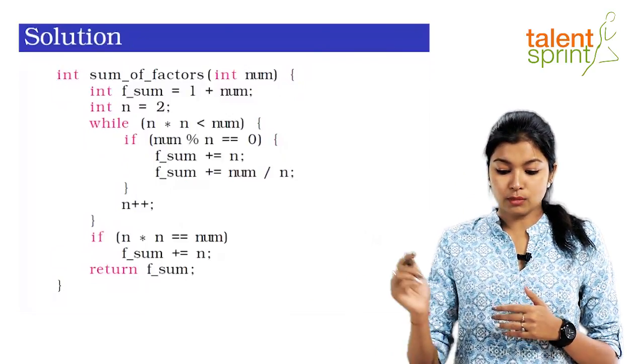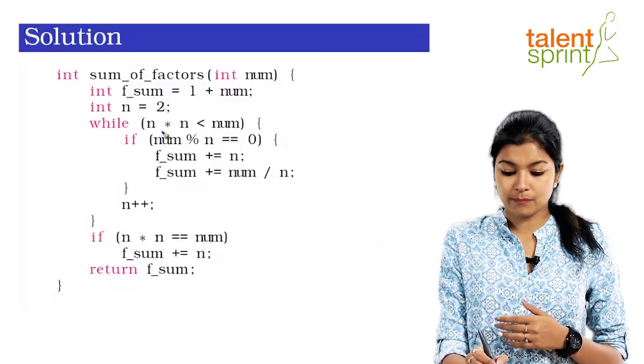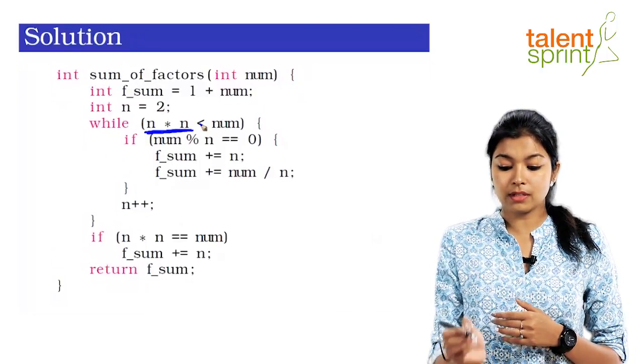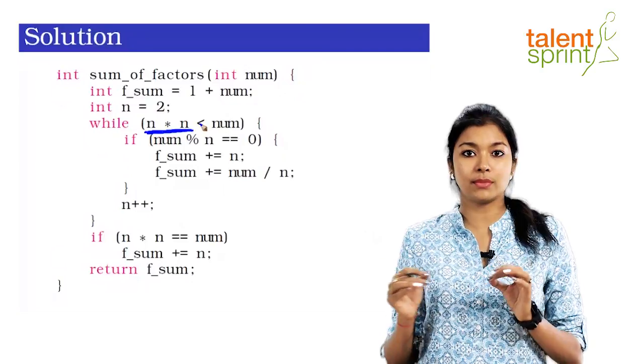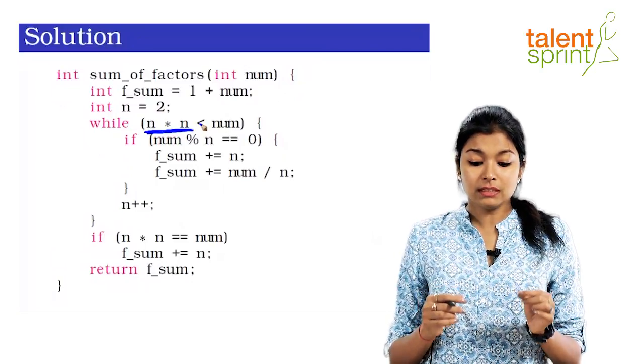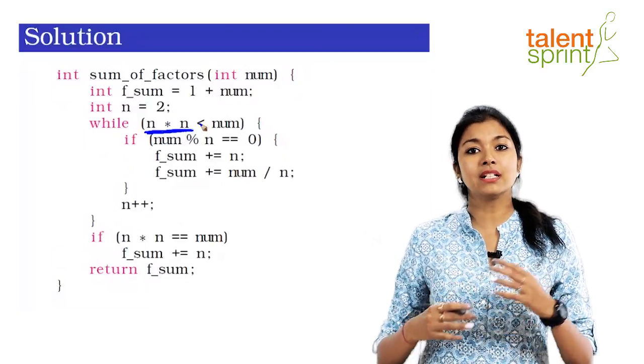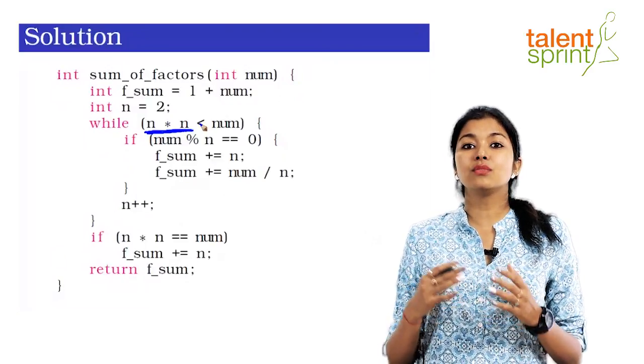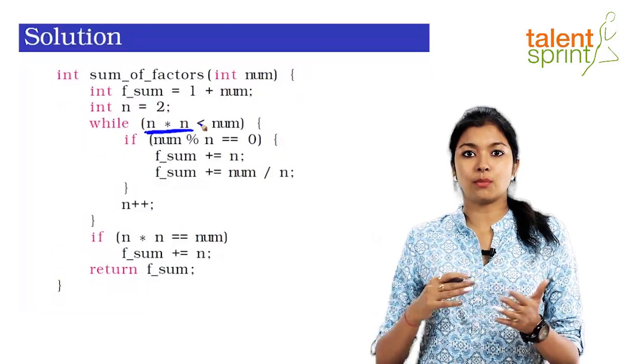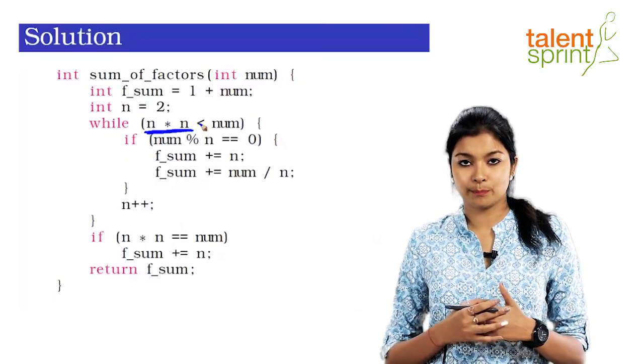Now inside the while loop, what we have done this time is we are checking if n into n is less than the number itself. So till n squared is less than the number, we'll continue the iterations, and as soon as it goes equal to the number or more than the number, we'll exit out.